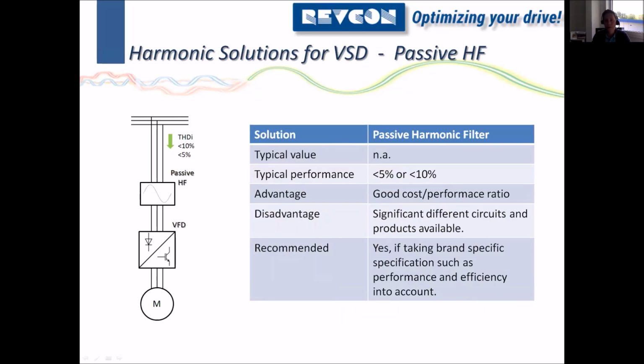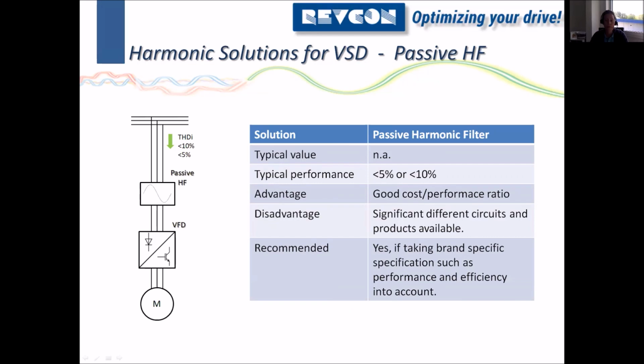We had a seminar, as I told you before, from Asia this morning. And basically, we could see that everyone has completely different projects than we see from the rest of the world. We have a lot of buildings where they have many, many, many small drives. And in that case, you would actually not have this advantage of a good cost-performance ratio, because an active filter can be cheaper when you have a lot of small drives.